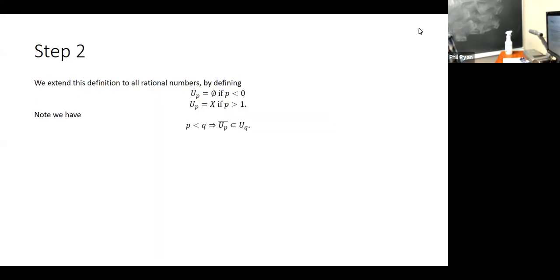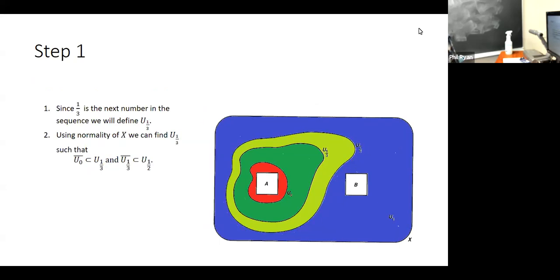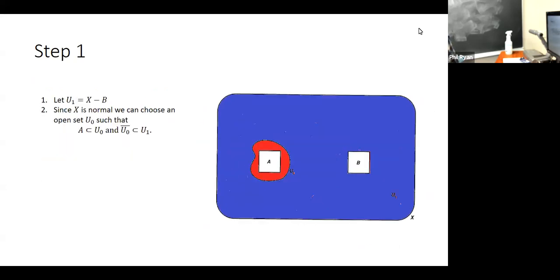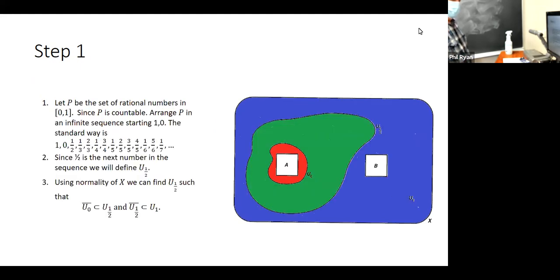The reason is, you can do step 1: if A is a point, you can get a U0 around it, but it fails at the next step, because now you've got to deal with closed sets, and that necessarily doesn't mean that you can find open sets that surround them.